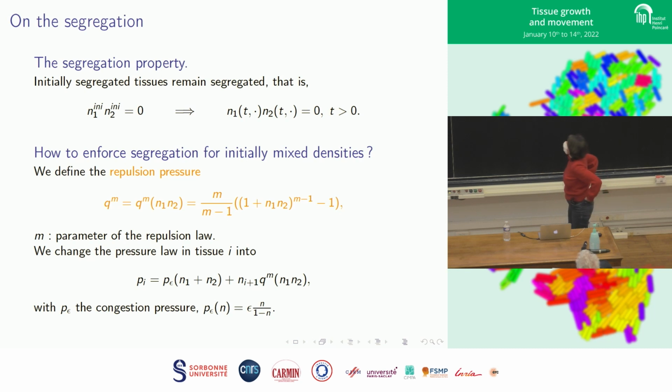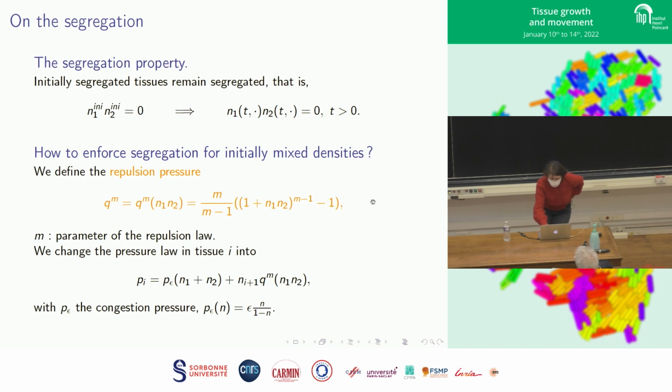And for this, we consider what we call the repulsion pressure, Qm, which is a function of n1 and n2. So Qm of n1 and n2 will be m over n minus 1, (1 plus n1 n2) to the power n minus 1, minus 1.